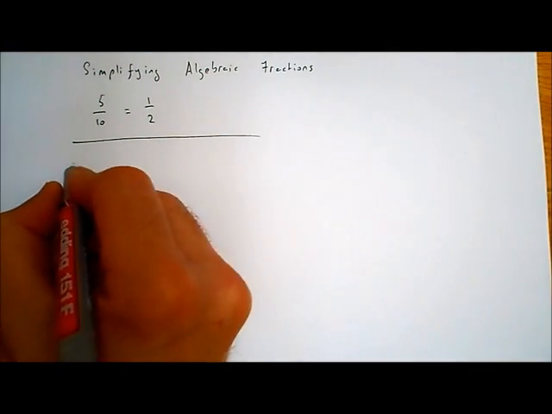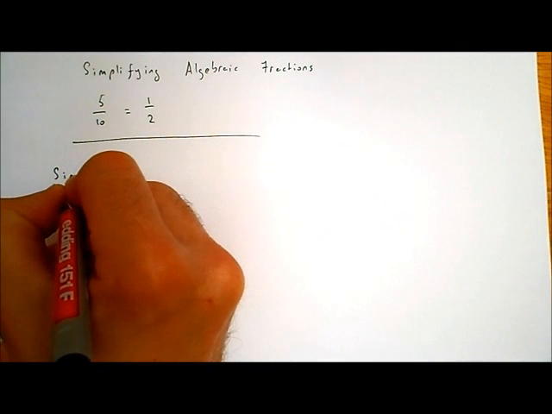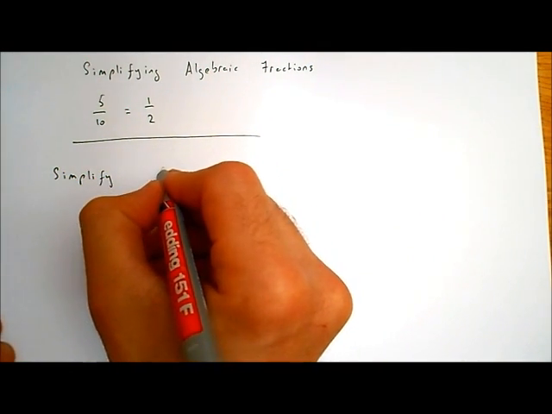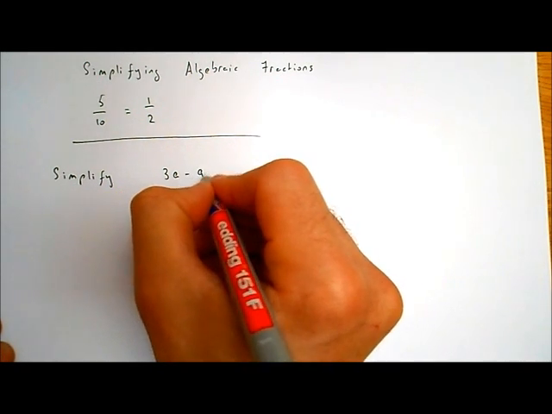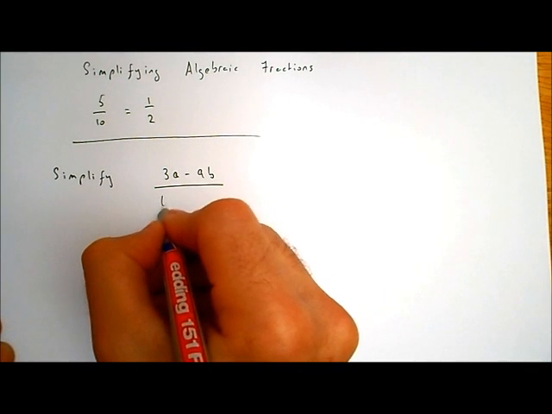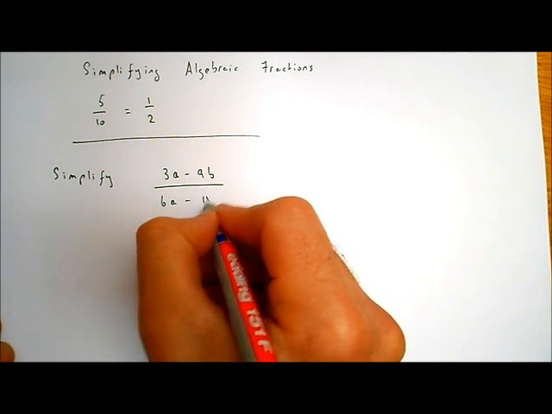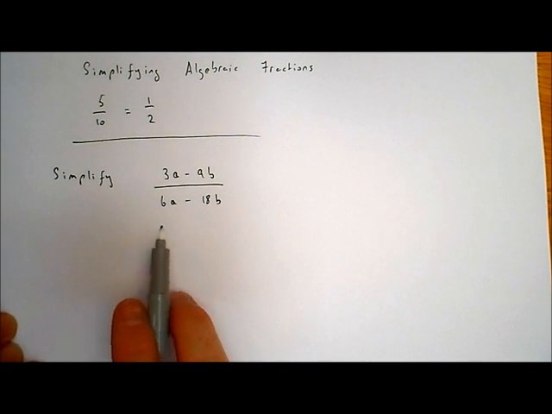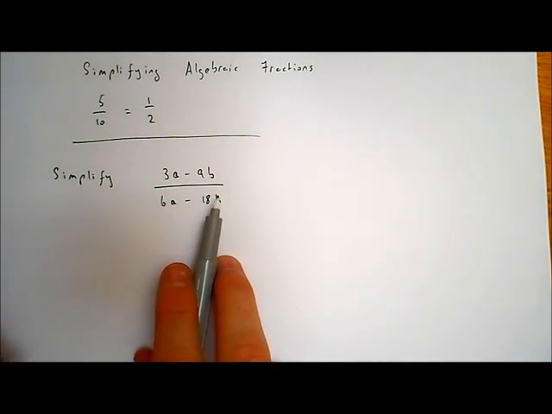So say if we have this algebraic fraction and we're asked to simplify. It's 3a minus 9b divided by 6a minus 18b. So we're going to simplify this. What we're going to do is look for a common factor.